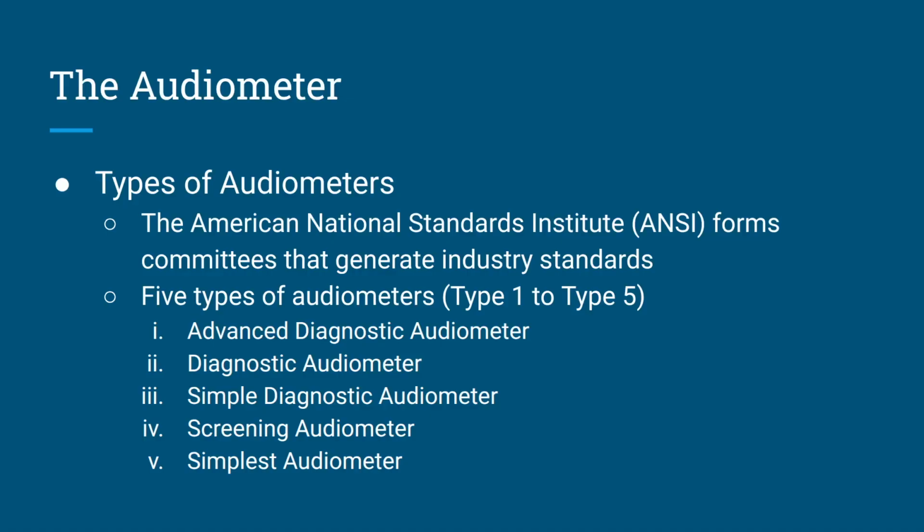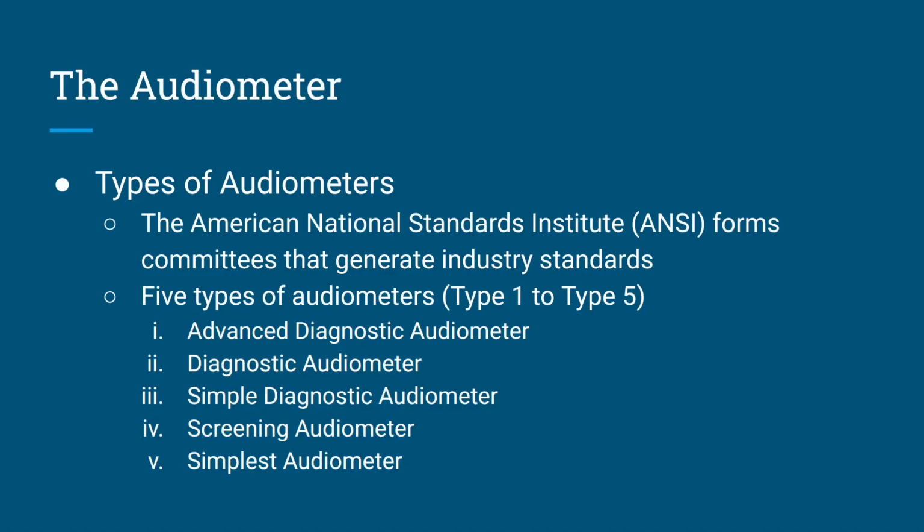We have an advanced diagnostic audiometer, type 1, type 2 is a diagnostic audiometer, type 3 is a simple diagnostic audiometer, type 4 is a screening audiometer, and 5 is the simplest type of audiometer.